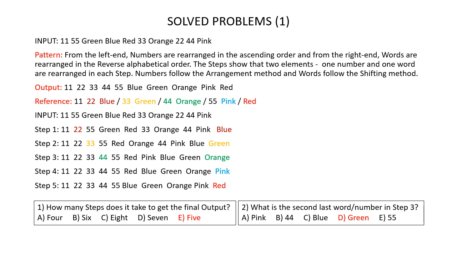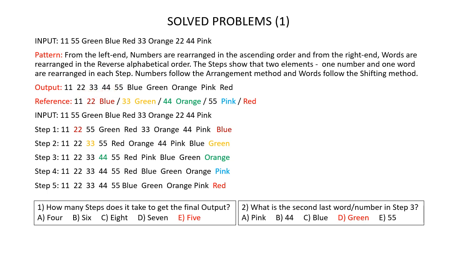From the left end, numbers are arranged in the ascending order, and from the right end, words are rearranged in the reverse alphabetical order. So the output for this particular input will look like this: 11, 22, 33, 44, and 55.